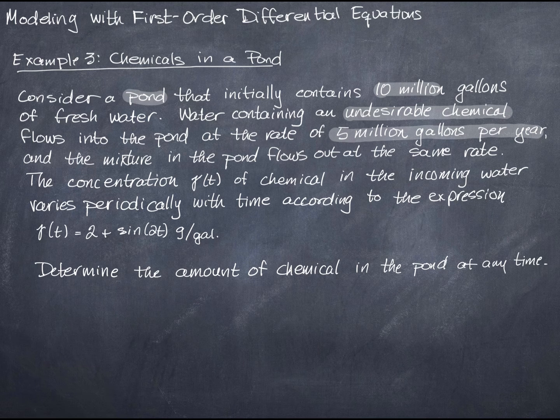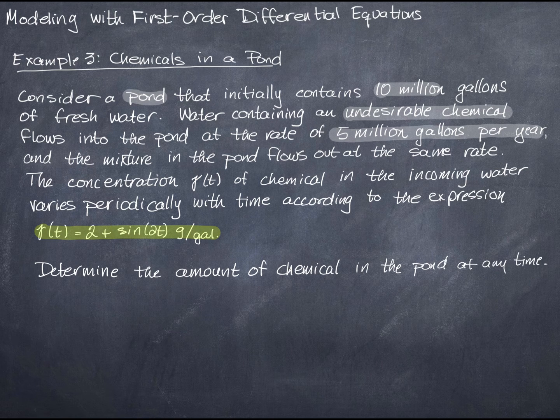With those changes, this problem is exactly like the one we did a minute ago. It's the same problem. It's just a different environment, but the parameters are identical with one exception, and that is this one right here.